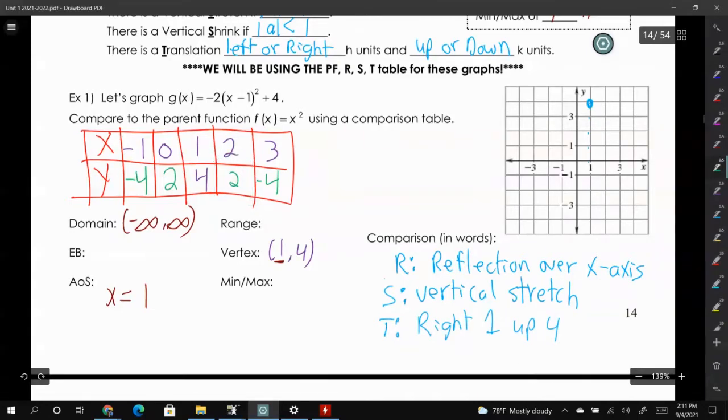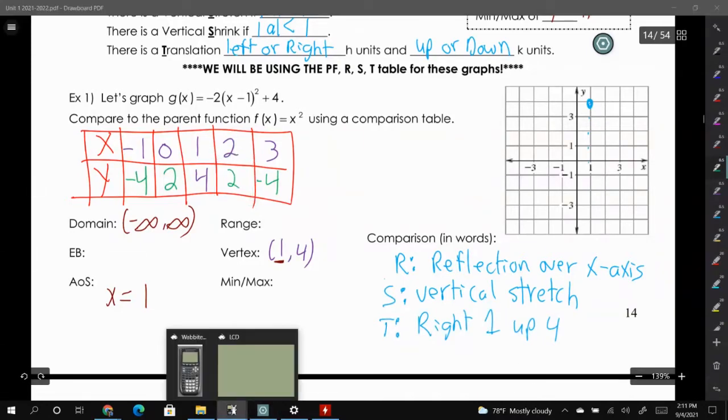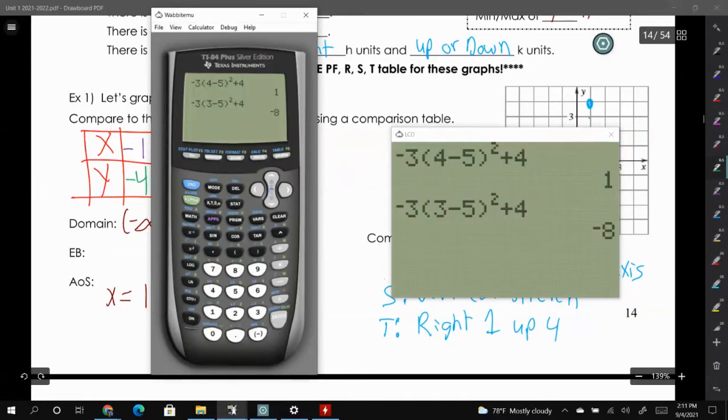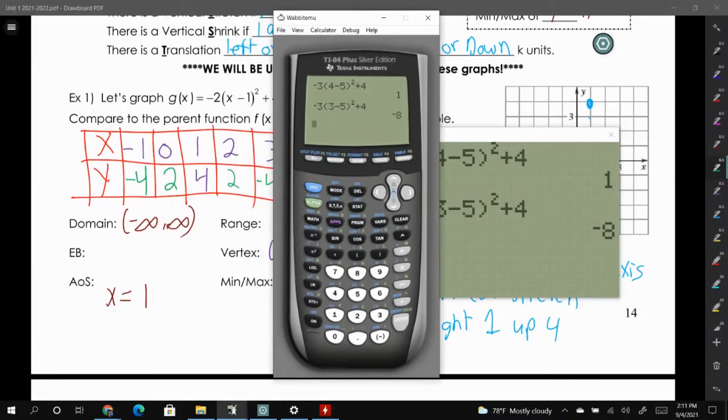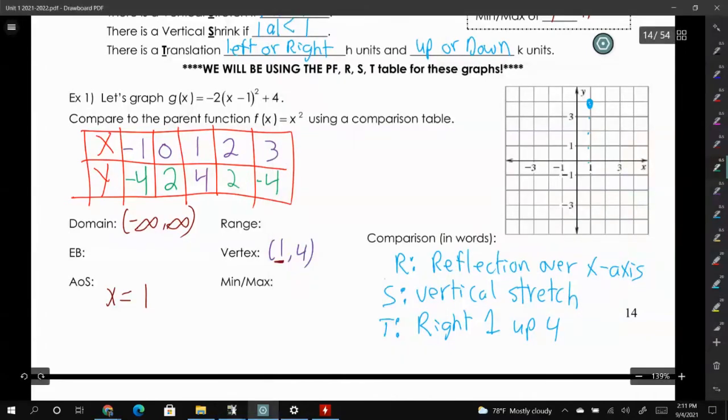And then these y values should be the same as well. And I'm just going to double check with my calculator. -2 times (-1 minus 1) squared plus 4. We get -4. Okay, so let's graph this.